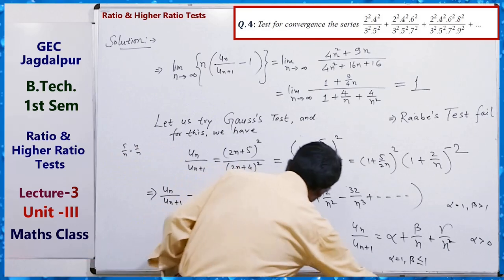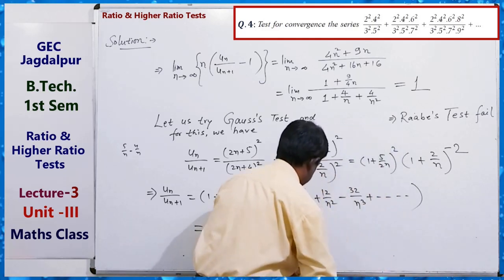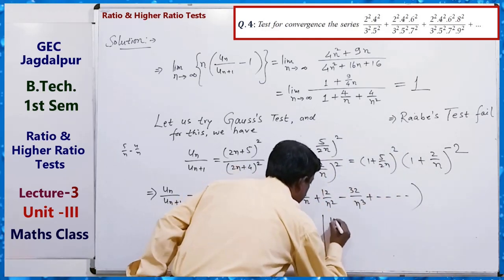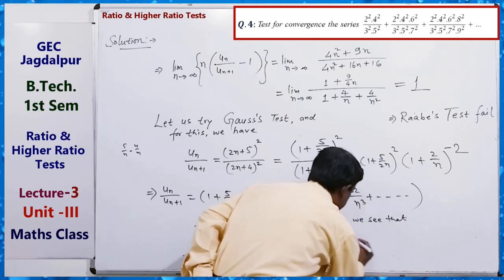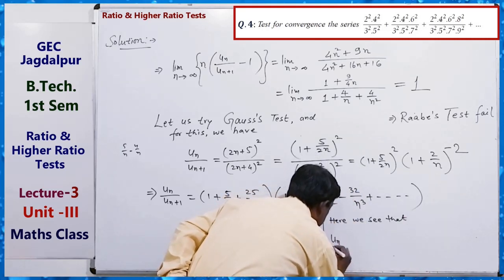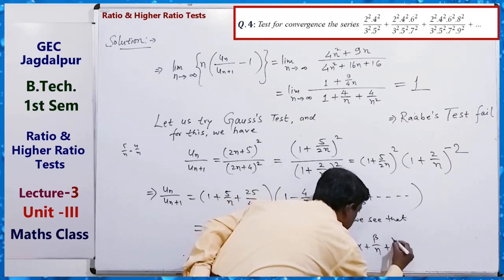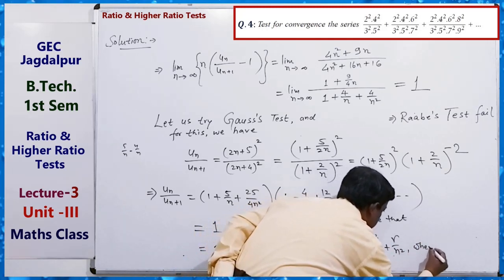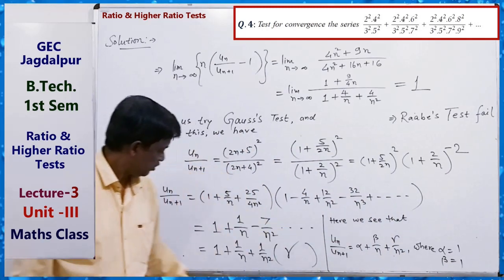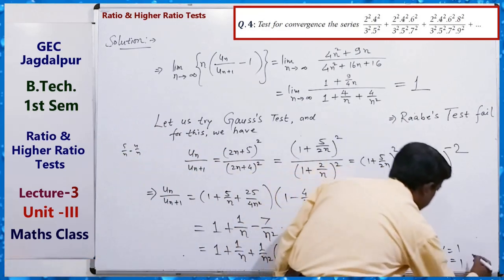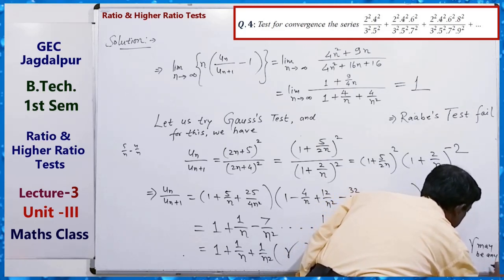Okay. So just write, here we see that un upon un plus 1 equals to alpha plus beta upon n plus gamma upon n square, where alpha equals to 1, beta equals to 1, gamma may be any value.